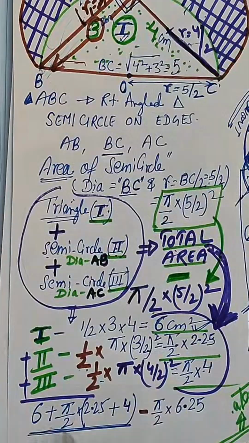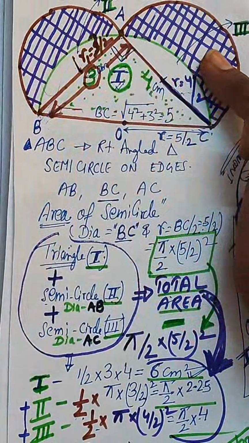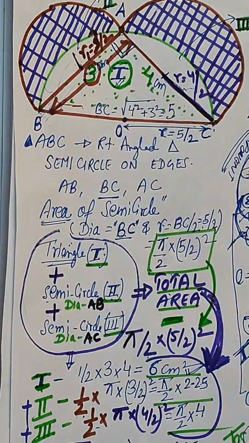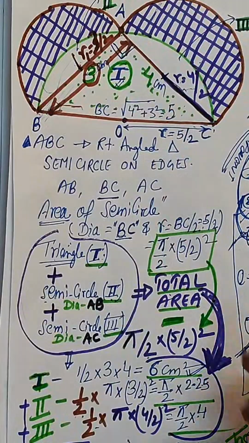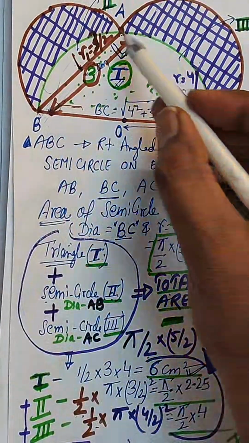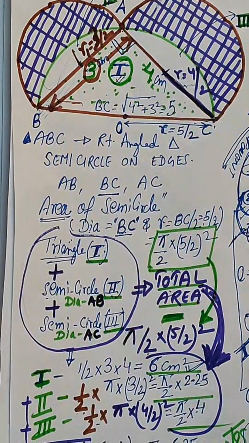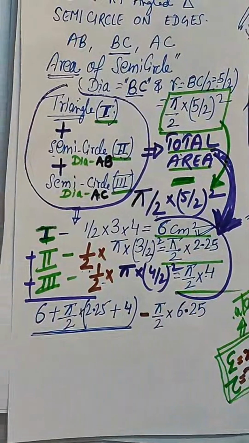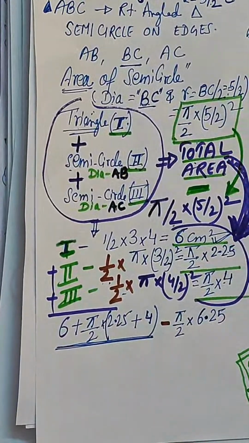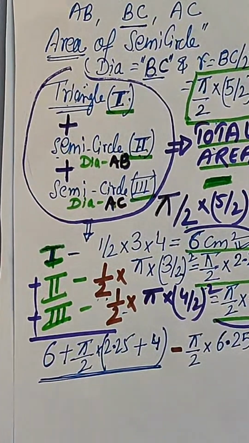So this will be the area of the shaded region. This is the shaded region whose area is calculated. How? Calculate the entire area, and from the entire area subtract the area of the semicircle which is in white color, right? Which is not colored, right? So just solve it simply.